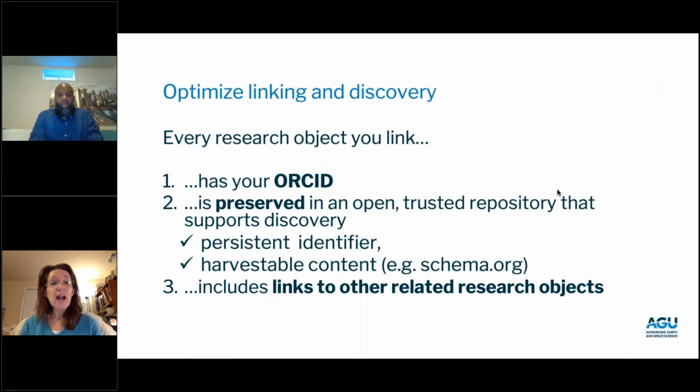So in order to optimize linking and discovery, every single one of your research objects needs to have your ORCID, has to be in a repository that supports preservation and handles those persistent identifiers, registers those DOIs, connects them to your ORCID, and provides the ability for discovery and harvesting, as it says there.